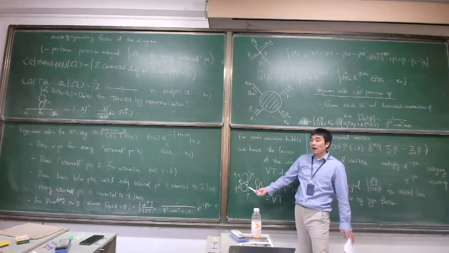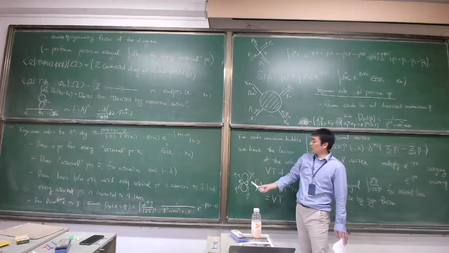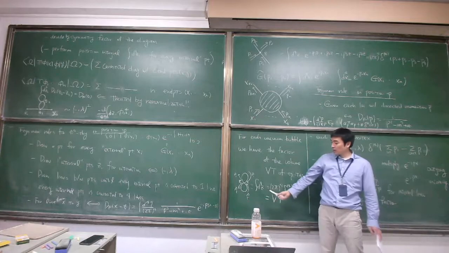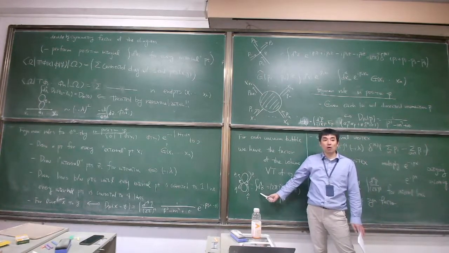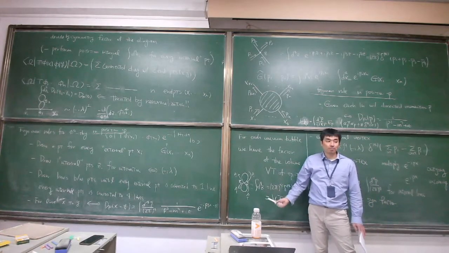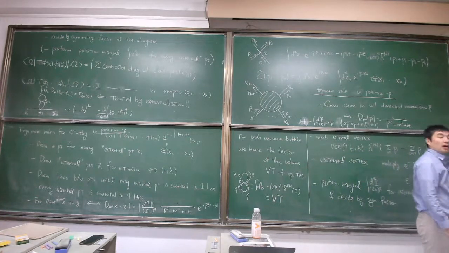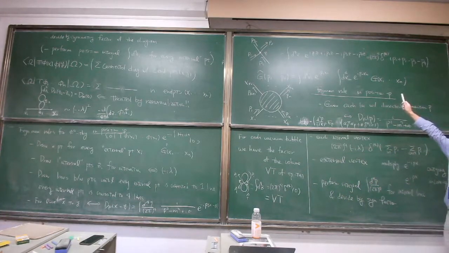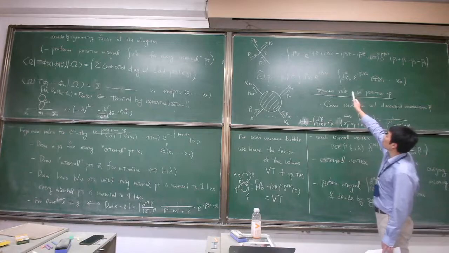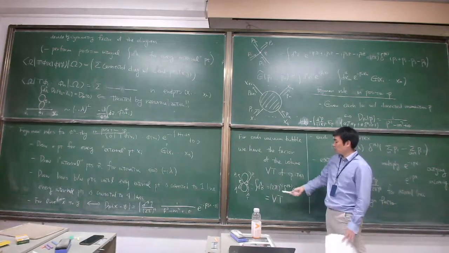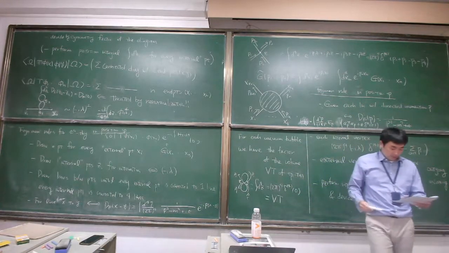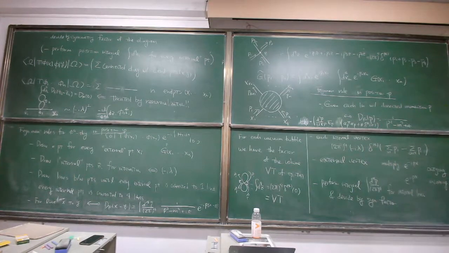If you apply the Feynman rule to a vacuum diagram, you always encounter this space integral without any regulation, so that will always give you that delta function. Any question at this moment?